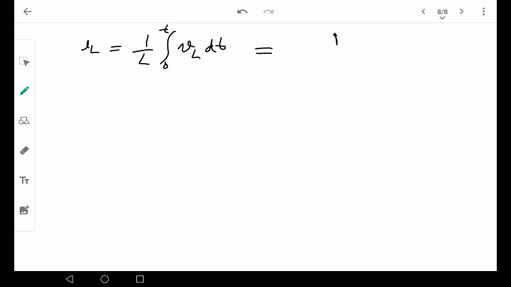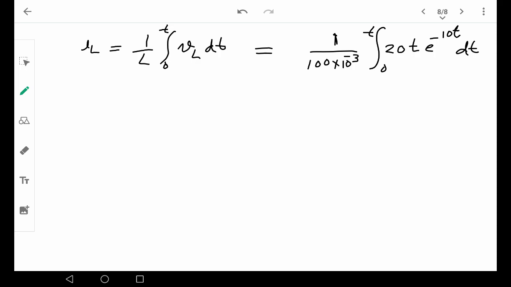This is 1 by 100 into 10 raised to minus 3, right? Integral 0 to t 20t e raised to minus 10t dt, right? That's how you have the thing.